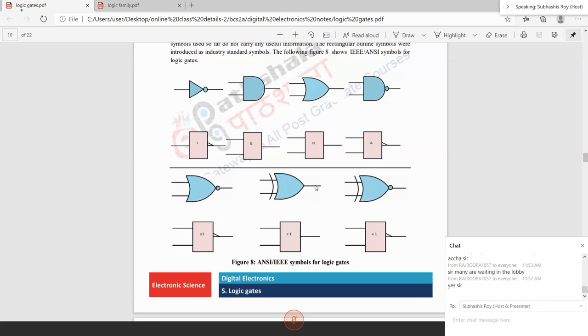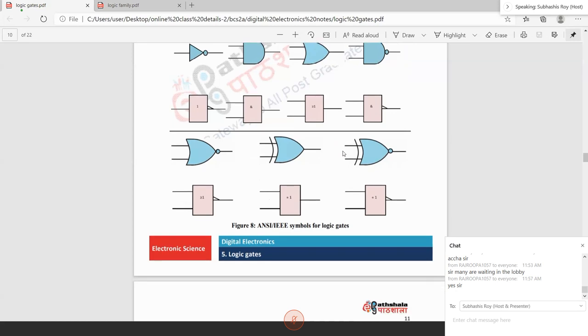NOR gate means OR, and there is the inverter sign. When it is double equals to 1, then it is XOR, and when it is double equals to with inversion, then it is XNOR. Okay, so this is good to know. You should know that these are the usual representations of gates in books, but this is the international standard representation of gates.